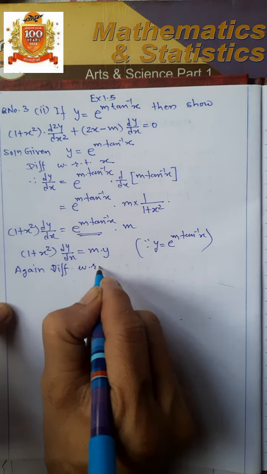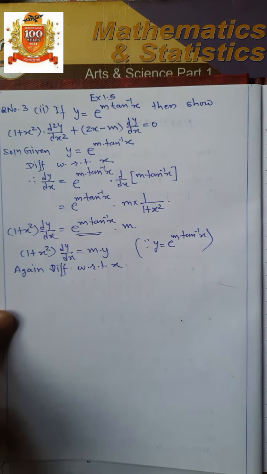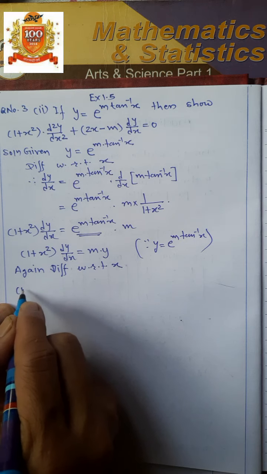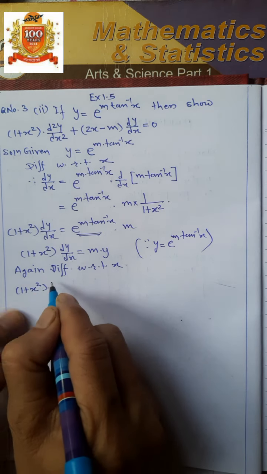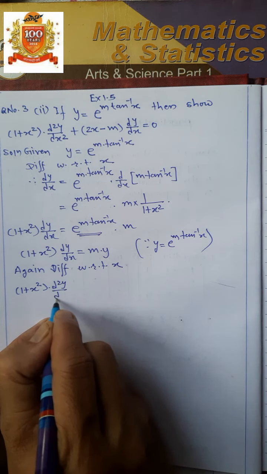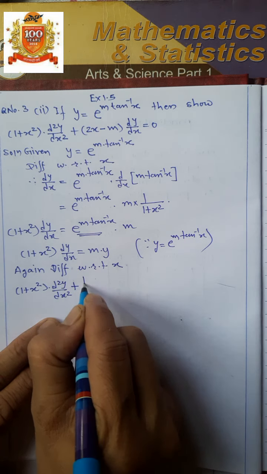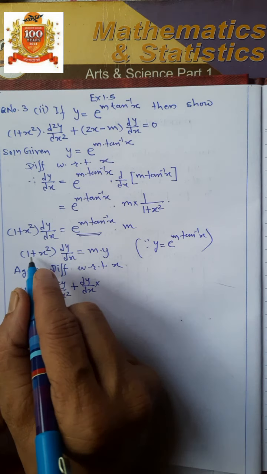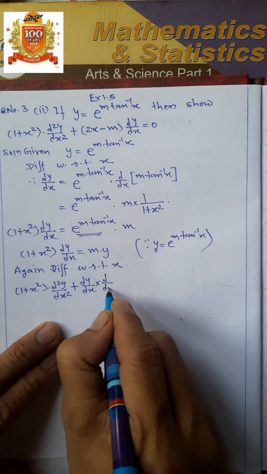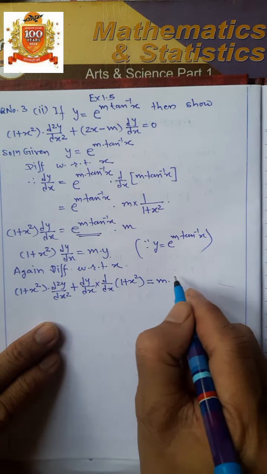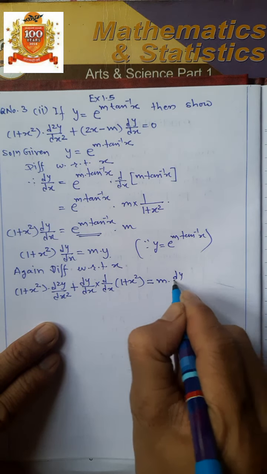Again differentiate with respect to x. Now here the product of two functions means 1 plus x square first function constant into derivative of dy by dx with respect to x is d2y by dx square plus dy by dx as it is into d dx of 1 plus x square is equal to m constant, derivative of y with respect to x is dy by dx.